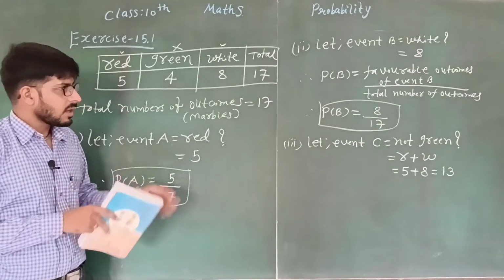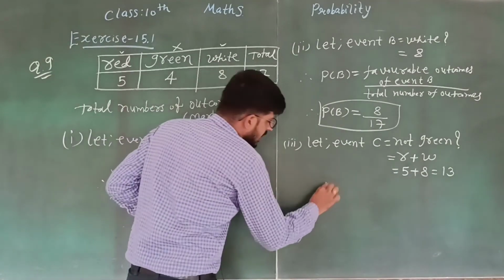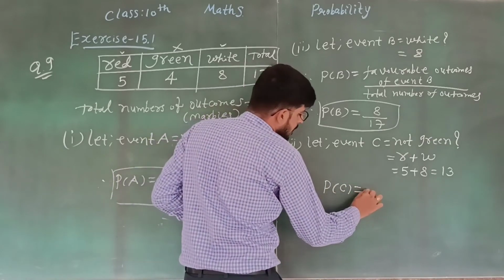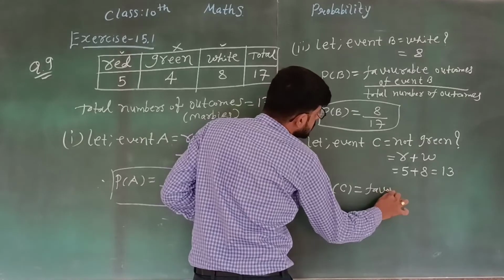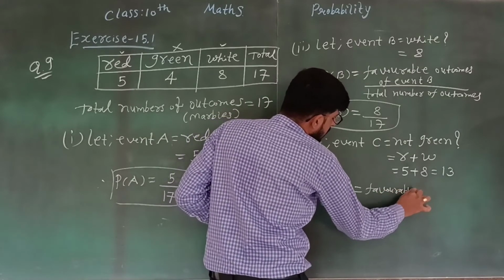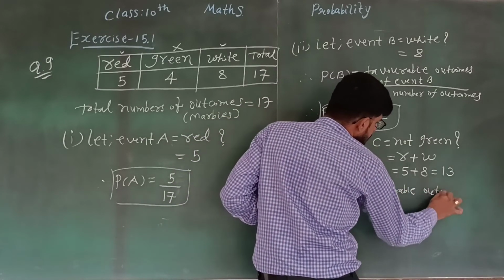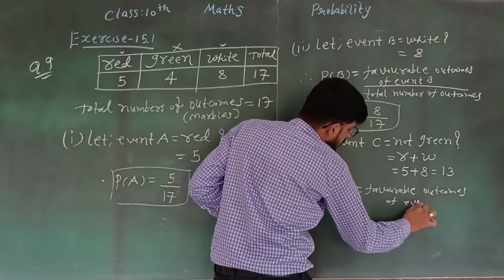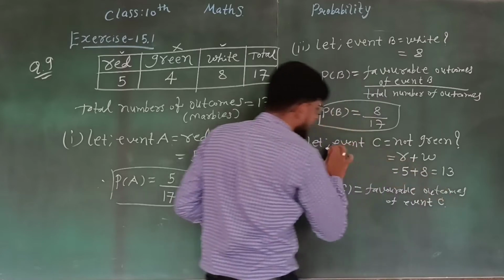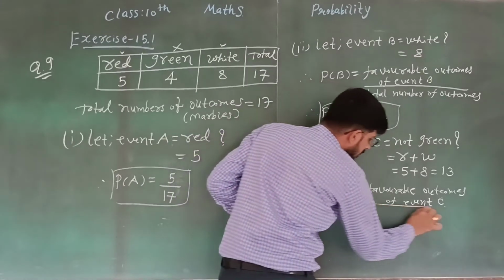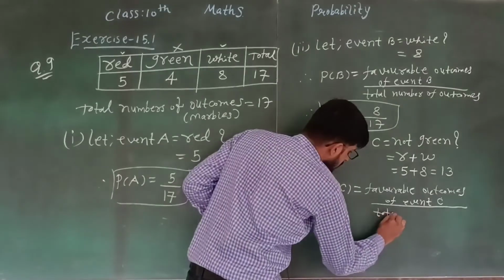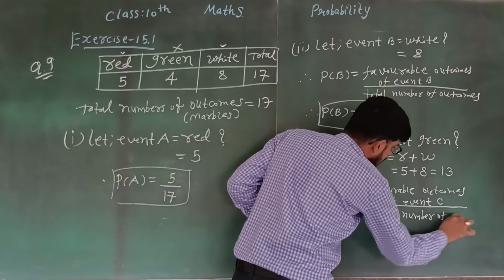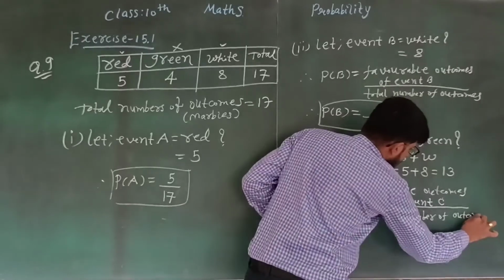Now see, we get the probability of C equal to favorable outcomes of event C, which is 13, upon total number of outcomes.